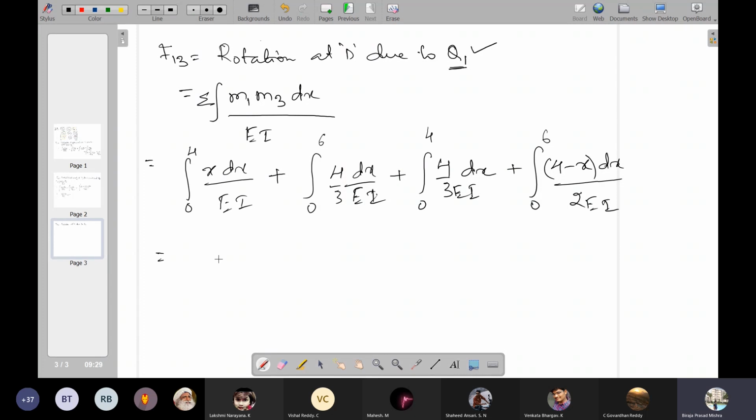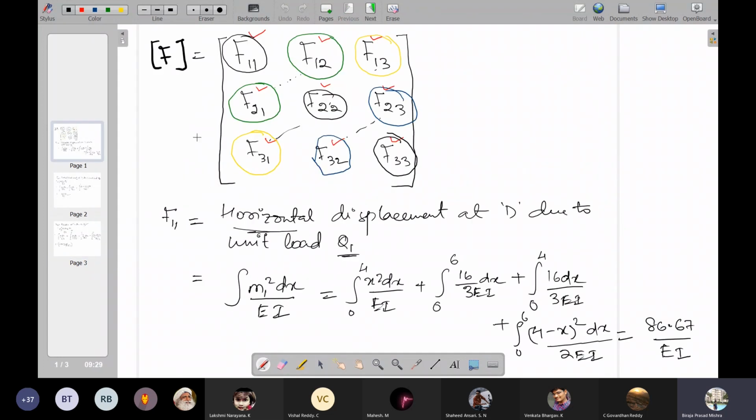Okay, so if you calculate, it will be 24.33 by EI. Okay, so this is F13. So we have determined the values F11, F12, F13. So it means F12 is equal to F21, which we have already determined. F13 equals F31, so we have already determined.